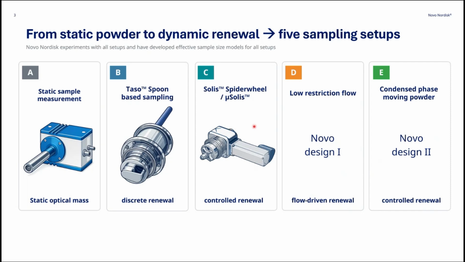We also have some internal designs. I call them Novo Design Roman number 1 and 2. They work in different ways compared to the other sampling setups. This one has what we call low restriction flow, and the other one has what we call condensed phase moving powder.